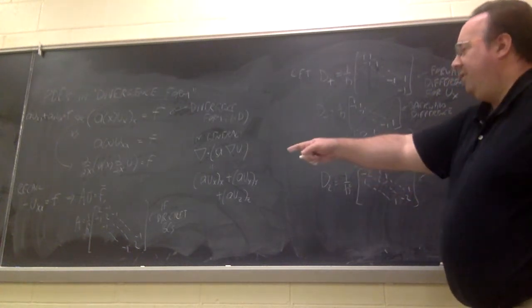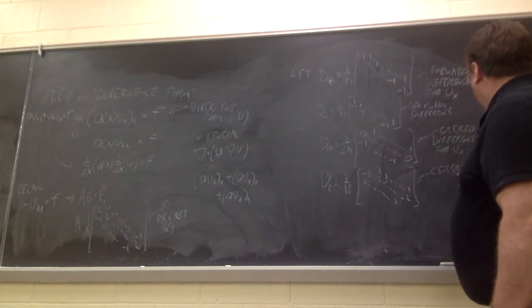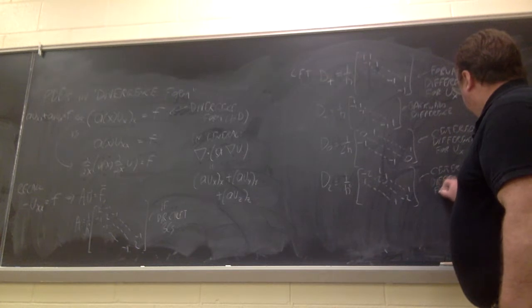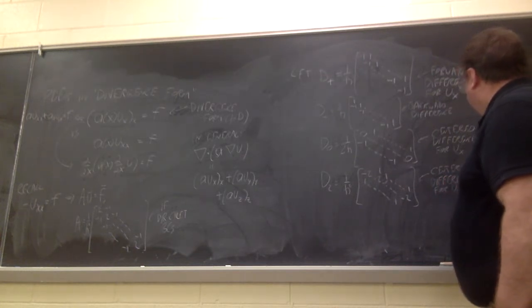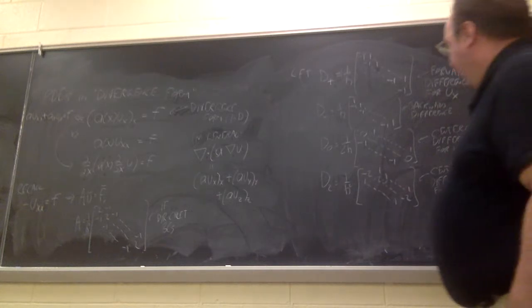Actually, yeah, it's the opposite sign of that one because that one's for minus UXX. Centered difference for UXX. Second order accurate. Well, both center differences are second order accurate because the symmetry leads to cancellation of errors.